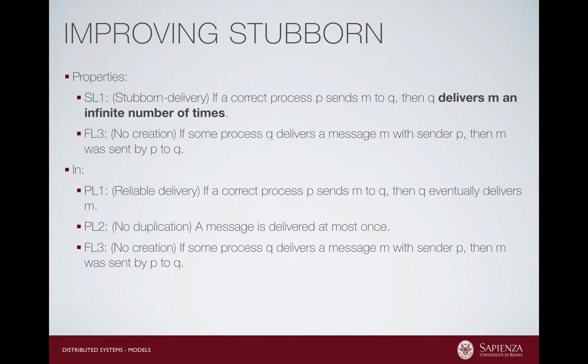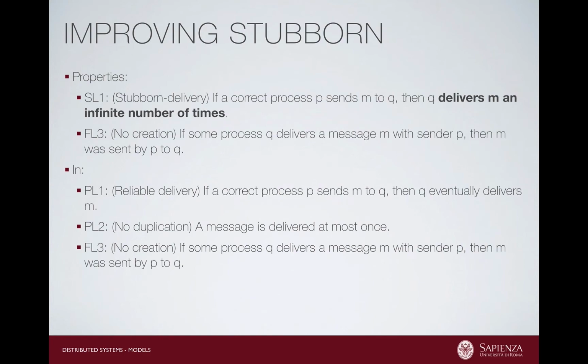But you want something that allows you to know that a message will eventually pass. And so what we want to do is to transform the stubborn delivery property into other properties. One property is reliable delivery, that says that if a correct process P sends M to Q, then Q eventually delivers M. And this is of course a liveness property, because if you have a finite execution where Q has not received M yet, you can always extend it with a delivery event that allows Q to process M. The second property is no duplication, which says that this message is delivered at most once.